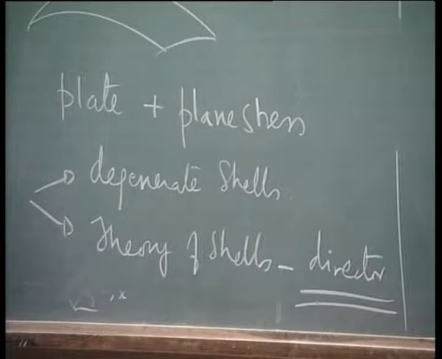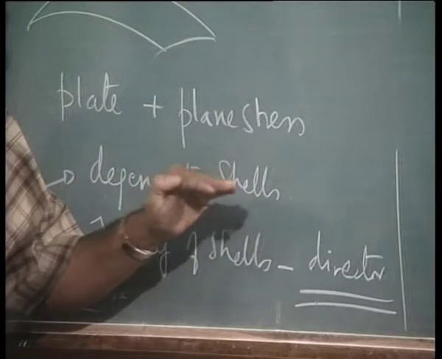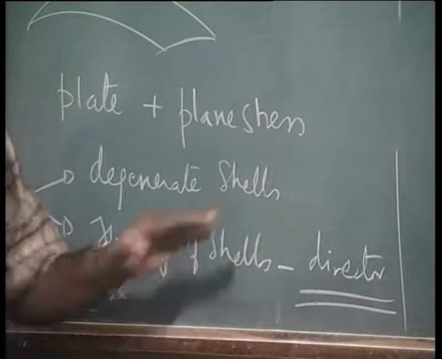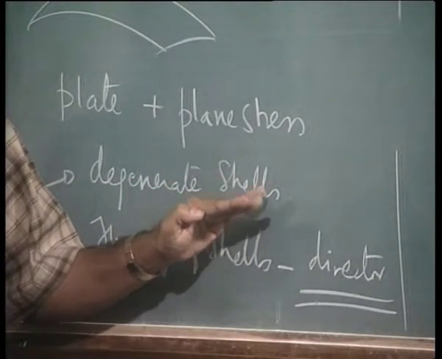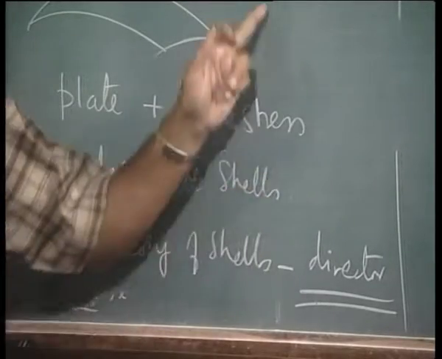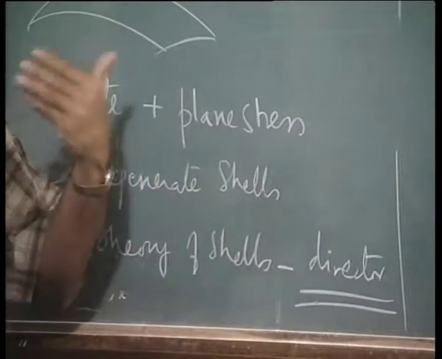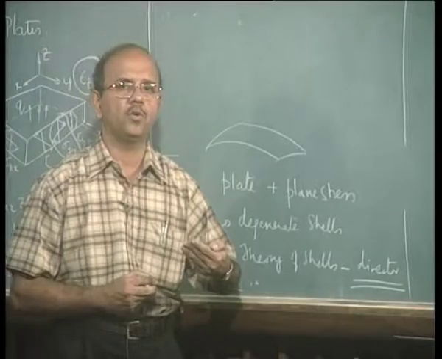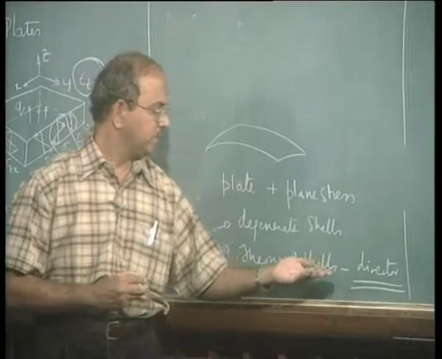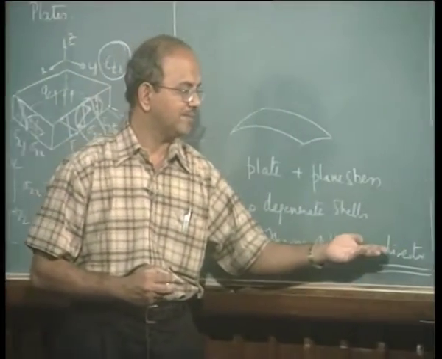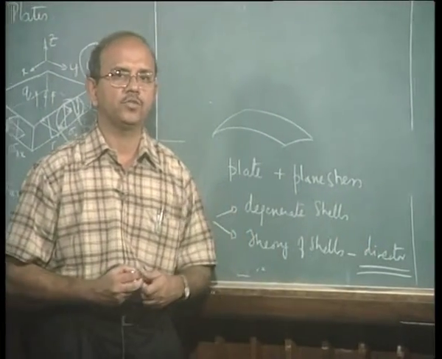Degenerated shells on the other hand are simpler to understand, and the major difference between these two is that for degenerated shells we have to integrate across the thickness, whereas the thickness directions and change in thicknesses and so on are taken into account in the theory of shells through what is called the director approach.